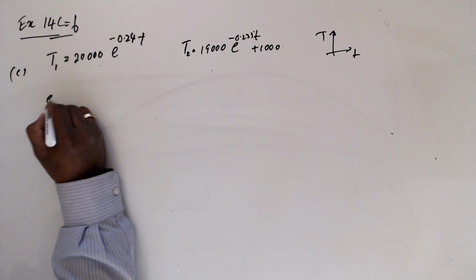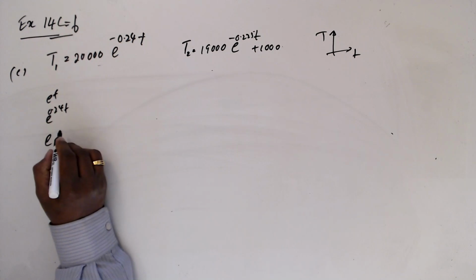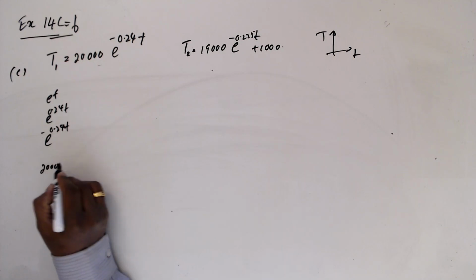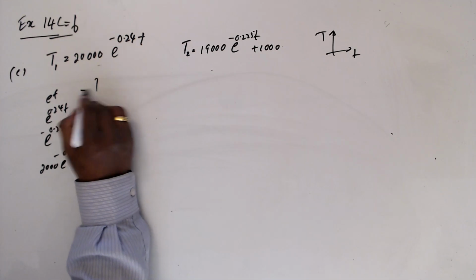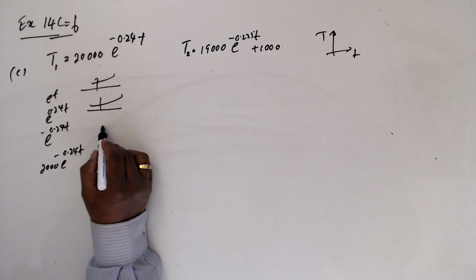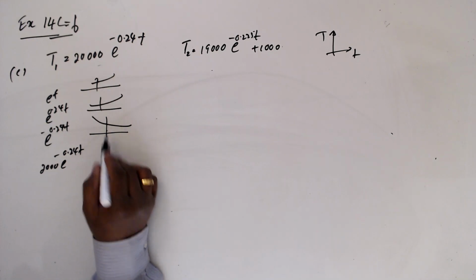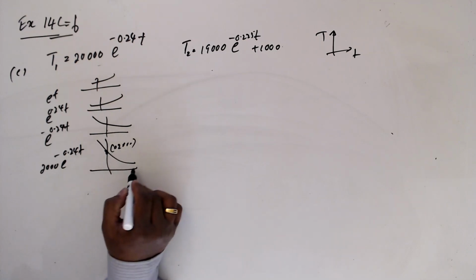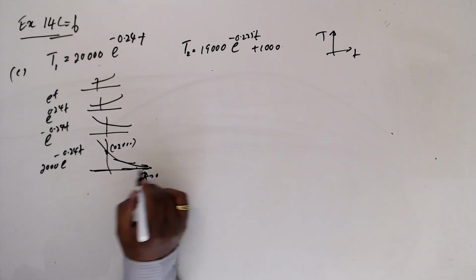Part C, we want to sketch this. So e to the minus 0.24t, then 20,000 e to the minus 0.24t. This is the decay going like this, and 20,000 is the starting point, and the asymptote is still at 0.